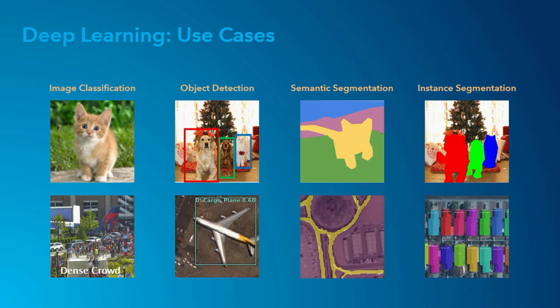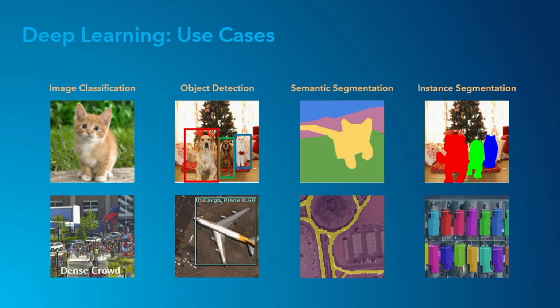As you can see, we have a lot of imagery data in GIS, satellite imagery and drone images. On the bottom row, as you can see, we can apply those different tasks in the GIS field as well.